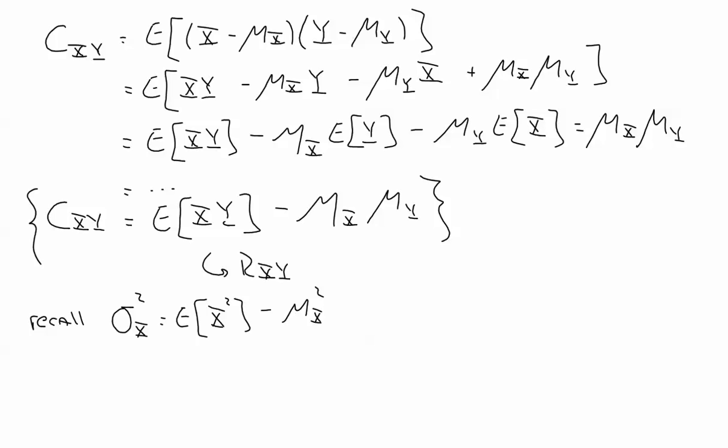For the variance of x and the variance of y, we have the normalized power of x minus the square of the mean of x, or the normalized power for y minus the square of the mean of y.